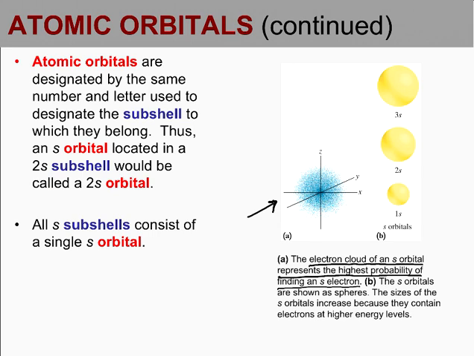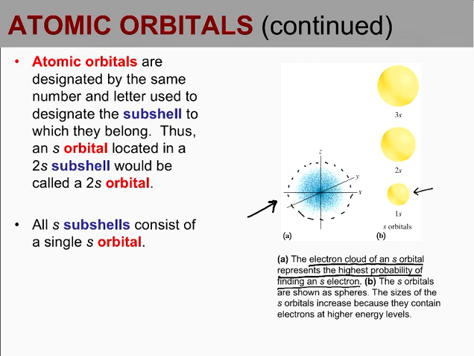So basically scientists modeled where an electron might exist if it's in an s orbital. And they found that it's pretty spherical in shape. So if we draw a little line around here. So that told scientists that if an electron is in an s orbital, it's going to be within a sphere.